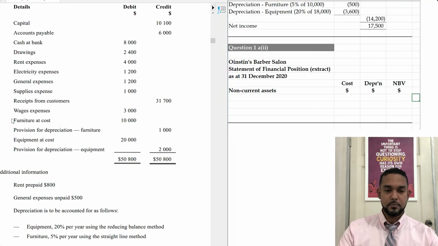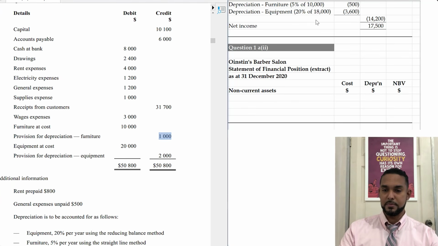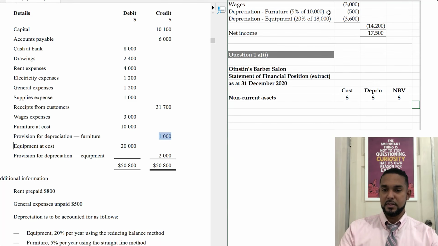Now the furniture is 10,000. So that's going to go in this piece here. But the depreciation, you might be saying, well, that's easy, that's 1,000. Nope. This 1,000 is the depreciation prior to doing the income statement. What that means is that the depreciation for the current year, up on this side here, the 500, needs to be included because we've just charged that depreciation for the current year.